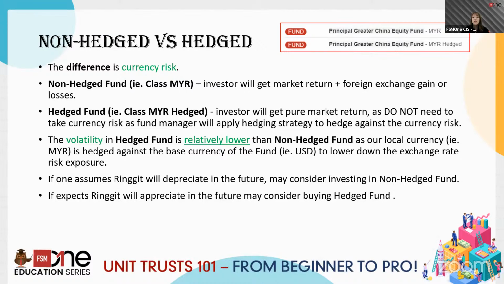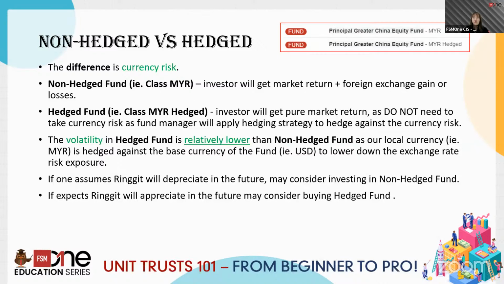Investors will be questioning which one should I choose, the MYR class or the MYRH class. If you are willing to take more risk and foresee that the Malaysia ringgit will depreciate further in the near term while investing into this fund, then you may choose the non-hedged class, which is the MYR class, to enjoy the difference in the exchange rate.